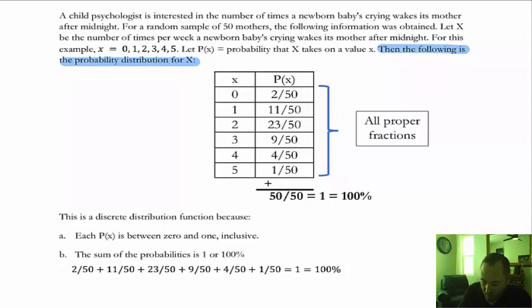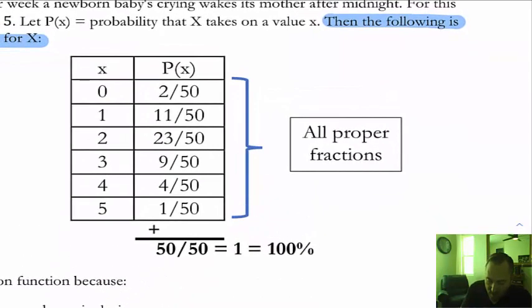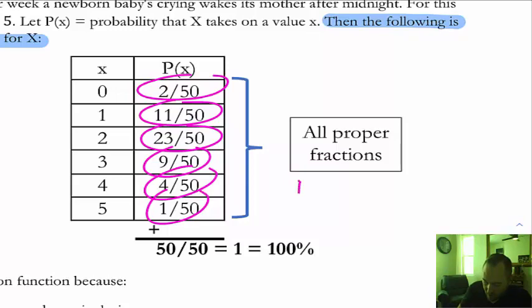The way that we know that is, in this case, we have all proper fractions, and that means none of them are over the value of 1. They can be the number 1, very rare. You could have a probability that's 1 or 0, either guaranteed or impossible.